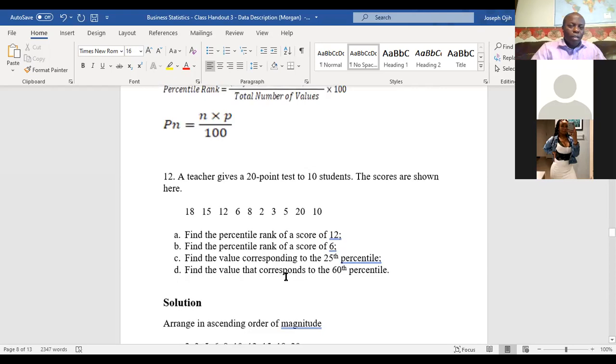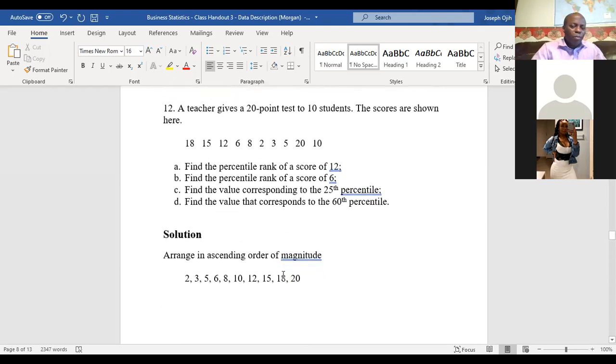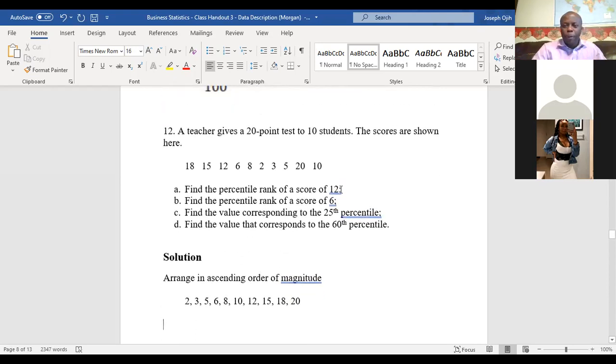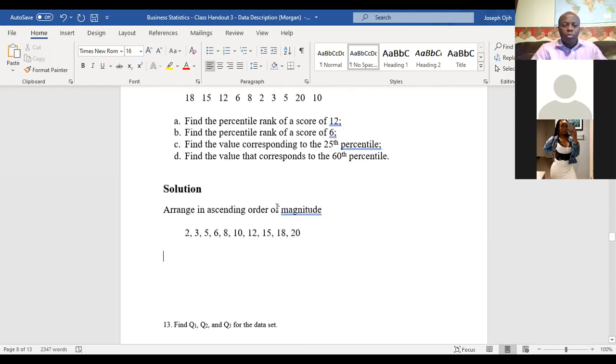Now, we're looking for the percentile rank of the score of 12. So your x is 12, and n, the total number of values, is 10.